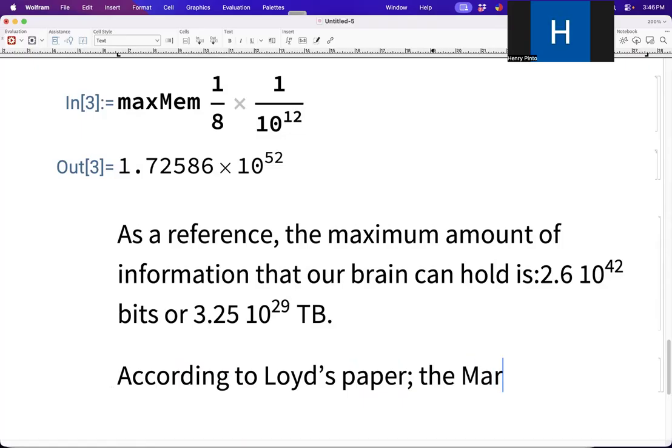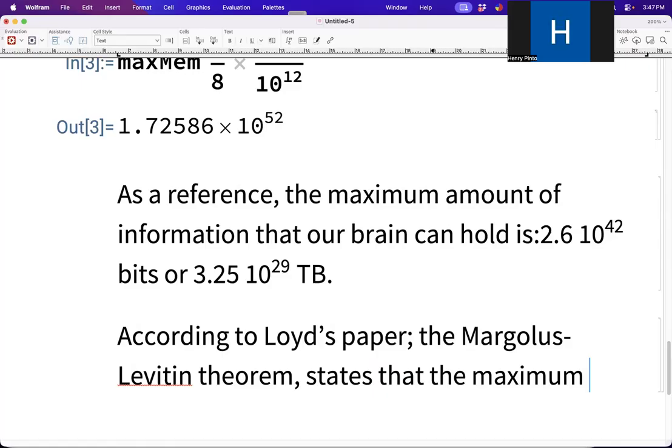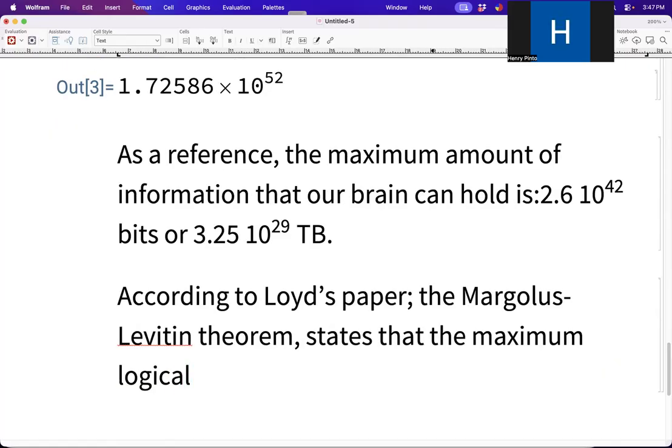We called it the Margolus-Levitin theorem. It states that the maximum computation, the maximum logical operations per second, depends on the energy of the system.